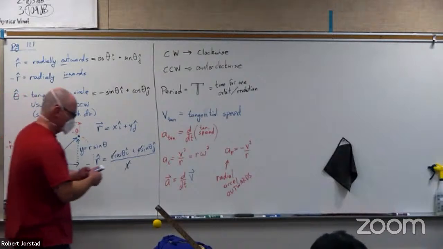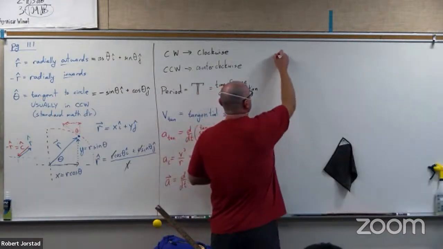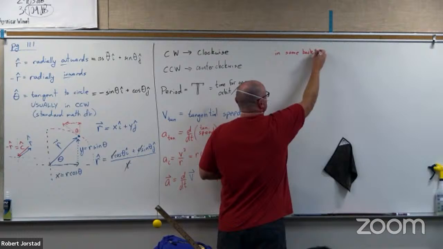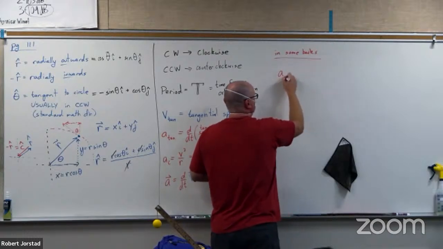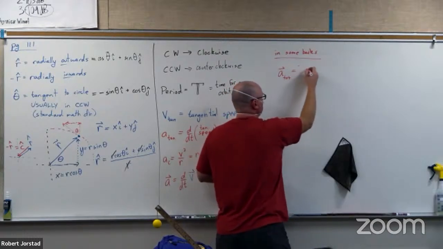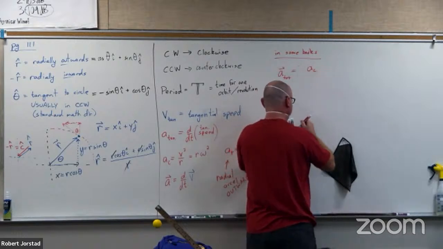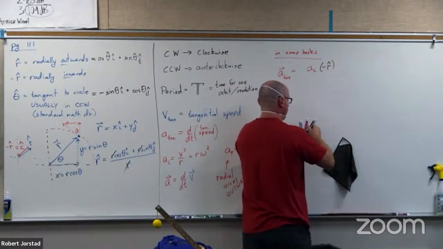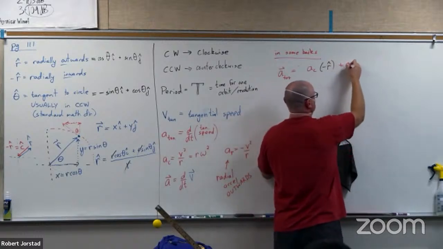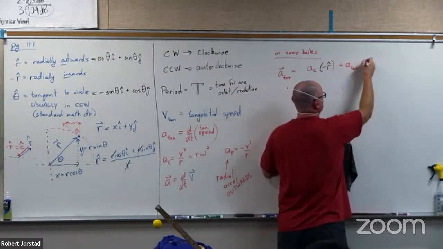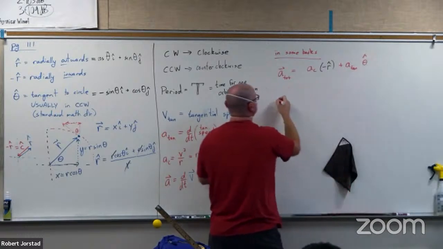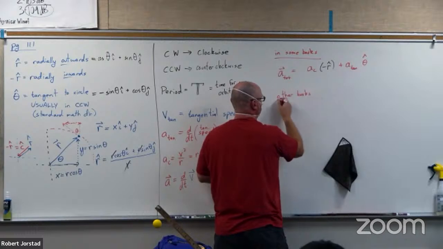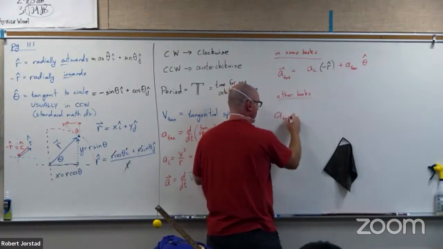Okay. So here's the deal. In some books, A total is equal to AC in the minus R hat plus A tan theta hat. Other books, I will get out of the way, I promise.